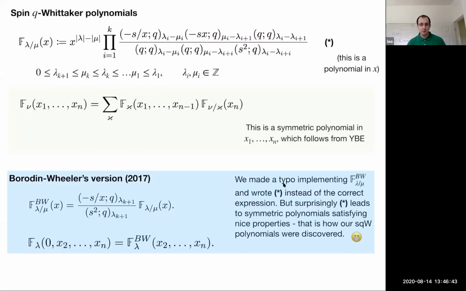Our functions with Matteo have much nicer properties, but how did we come up with them? Well, we were basically typing up Borodin-Wheeler's functions in Mathematica, and we wrote the product up to k instead of the product up to k plus 1 in the star formula.